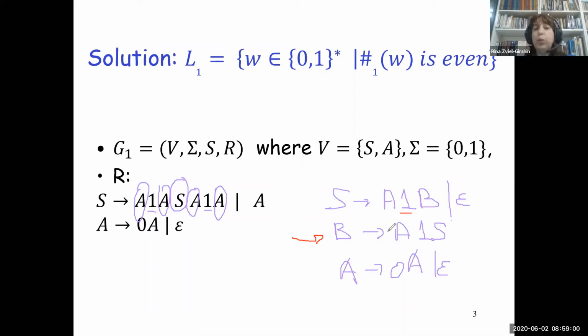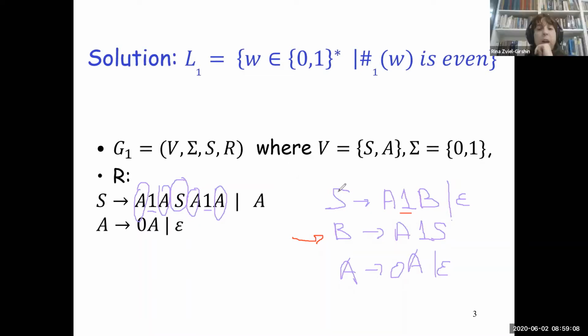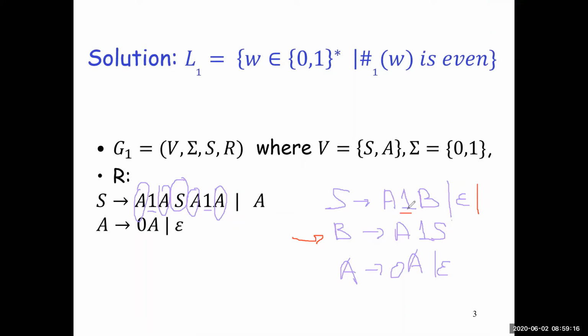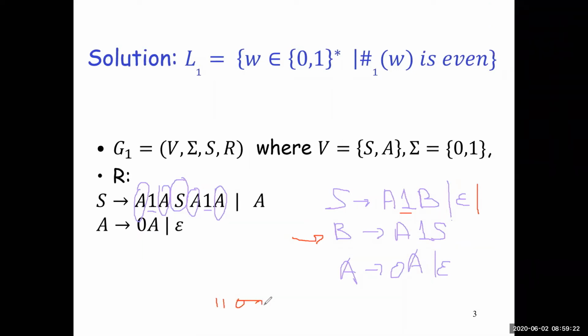When I decide to finish, I have to finish after even number of ones. So if I have additional one, B epsilon, I can finish. But in this combination, I can't have the word ending with zeros. Exactly.